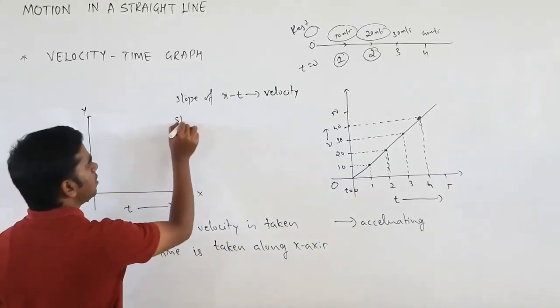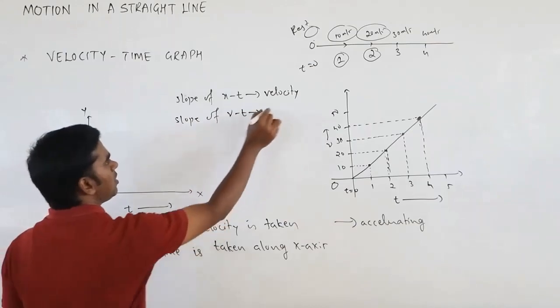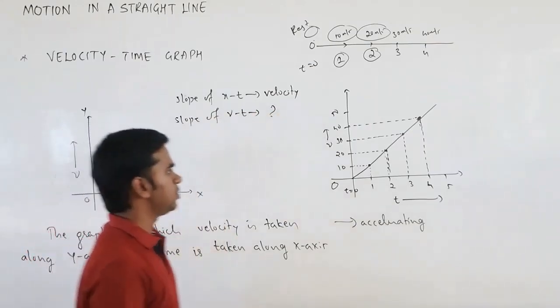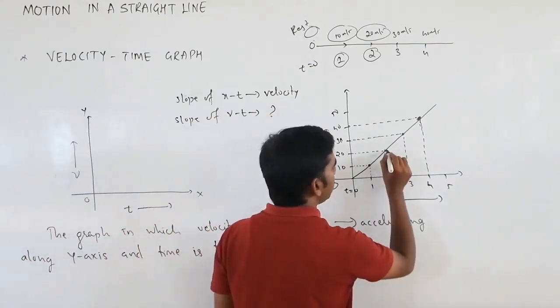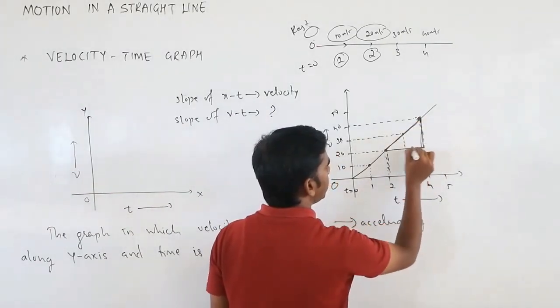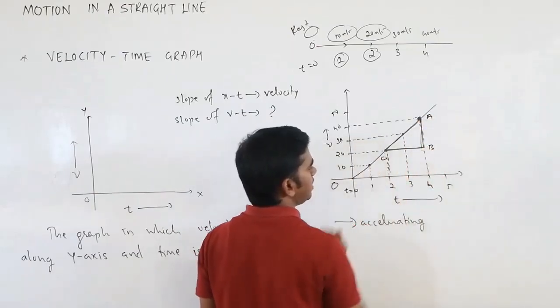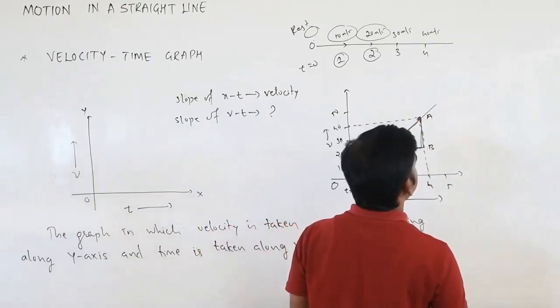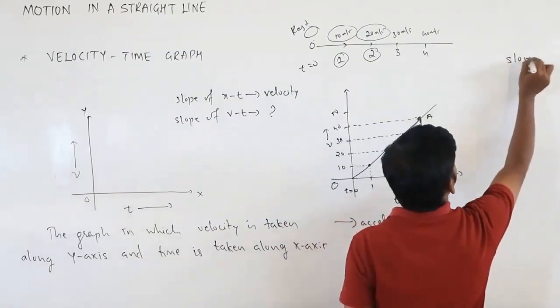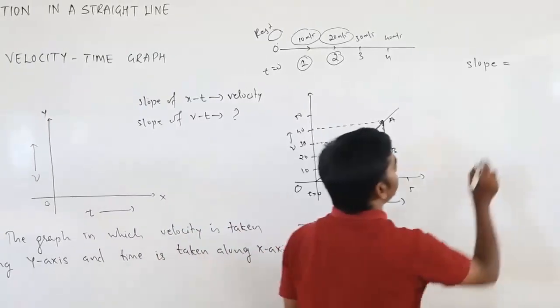Now, what will the slope of the velocity-time graph give you? For that I will take a slope over here, with points A, B, C. How can we get the slope? Slope is equal to AB divided by BC.